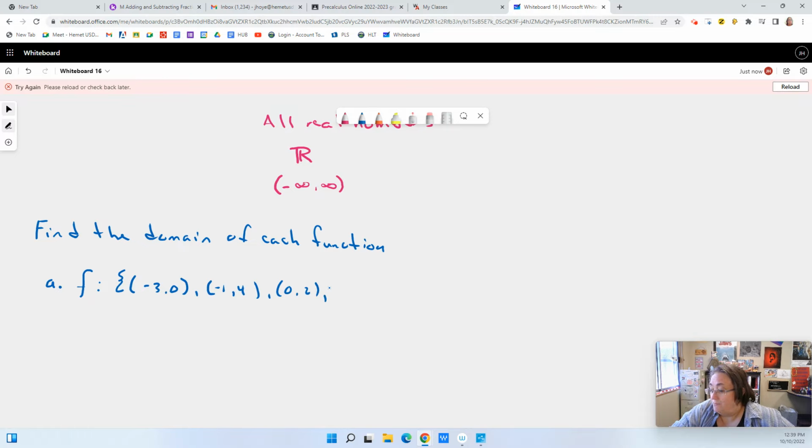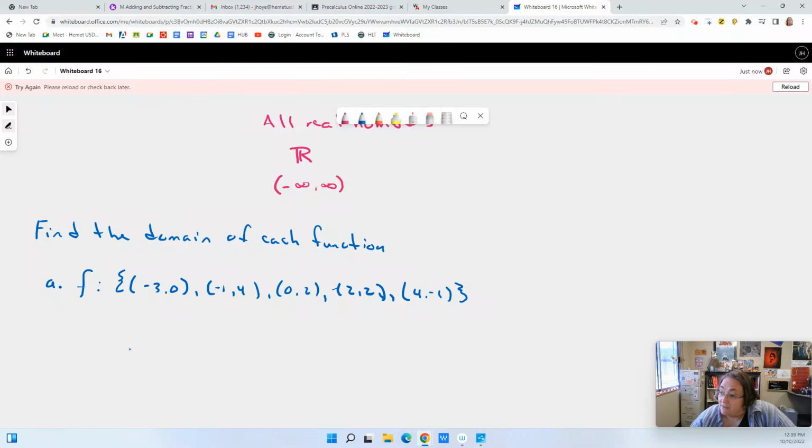I have 2, 2, and 4, -1. The domain of this function right here would be all of our x values, right?